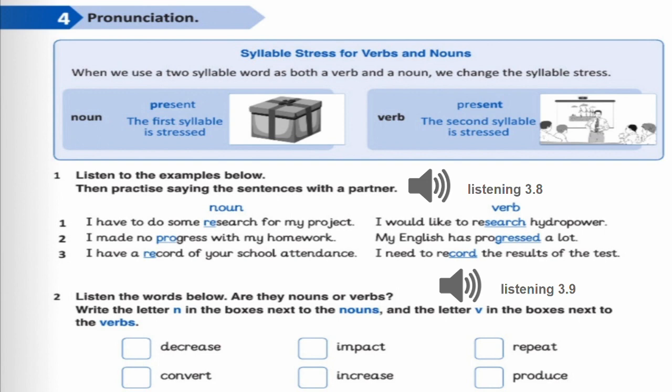1. I have to do some research for my project. I would like to research hydropower. 2. I made no progress with my homework.